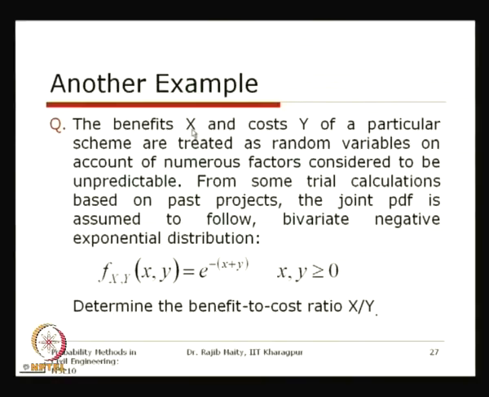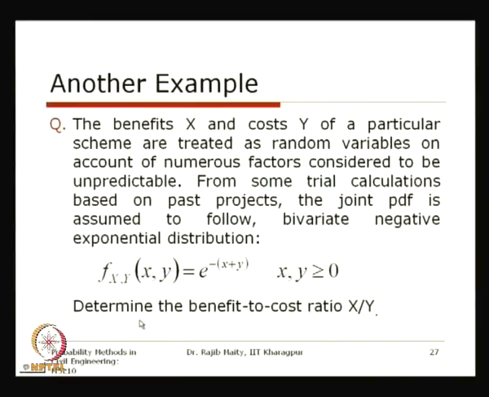The benefit x and the cost y of a particular scheme are treated as random variables on account of the numerous factors considered to be unpredictable. From trial calculations based on past projects, the joint PDF is assumed to follow a bivariate negative exponential distribution, which is represented by f(x,y) equals e to the power minus (x plus y), where x and y are both greater than or equal to 0.